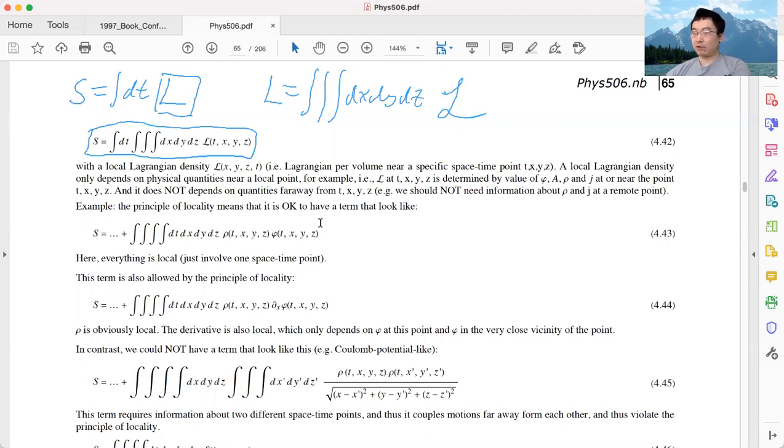This formula is pretty much the same as the relation between charge and charge density. If we have a continuum charge distribution, then the total charge of the object is the spatial integral of charge density.